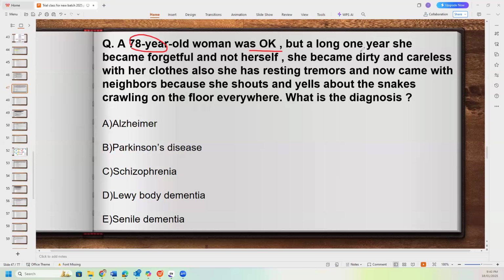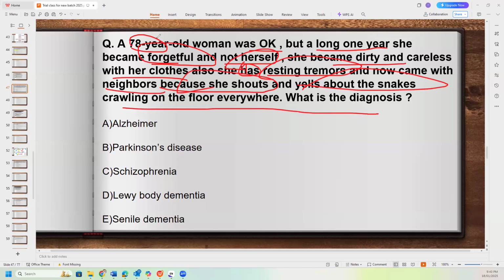A 78-year-old woman was fine, but over 1 year she became more forgetful and not herself. She is dirty and careless with her clothes. She has resting tremors. Now she came with neighbors because she shouts and yells about snakes crawling on the floor everywhere. So forgetful and not herself, becoming dirty and careless, these are all signs of dementia.